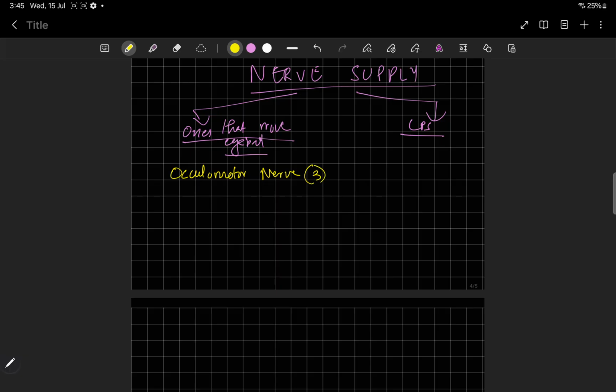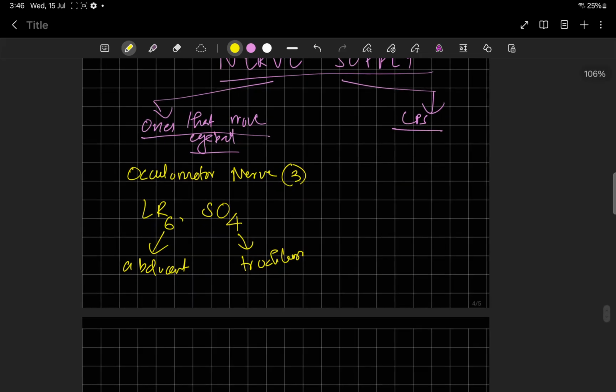Lateral rectus and superior oblique, we can remember by the mnemonic LR6SO4, because LR6 stands for abducent, 6th cranial nerve, abducent nerve, and 4 for 4th cranial nerve, that is trochlear nerve. So LR6SO4: lateral rectus by 6th nerve, superior oblique by 4th nerve, all other muscles by oculomotor nerve.